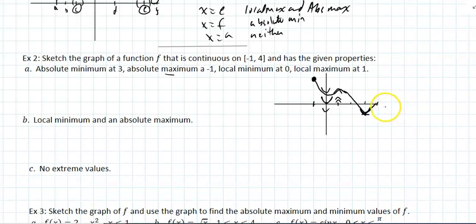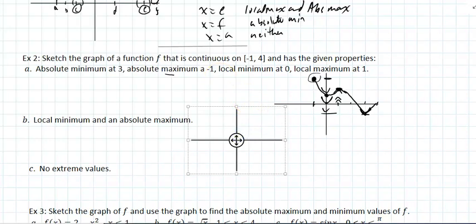That's one possible graph. That's the absolute maximum because that's the highest y value. That's the absolute minimum because that's the lowest y value. And we do have a local minimum at 0, a local maximum at 1, and there it is. Again, there are so many different options. This could be shifted up or down.